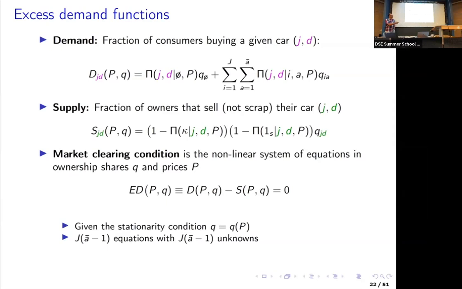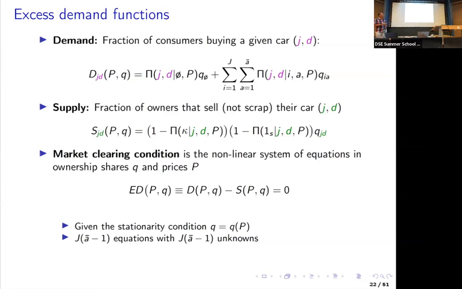We basically multiply the components of this ownership distribution vector with the corresponding choice probabilities. And this first term here takes care of those people who don't have a car, but want to buy a car JD.